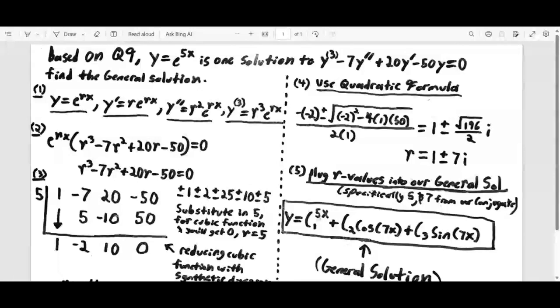And then I'm going to place my values into a general solution form, which for this expression is going to have 3 constants, and your real solution is going to be isolated right here with C1 e to the 5x, and then your imaginary solution, the real part of your complex number, is here.